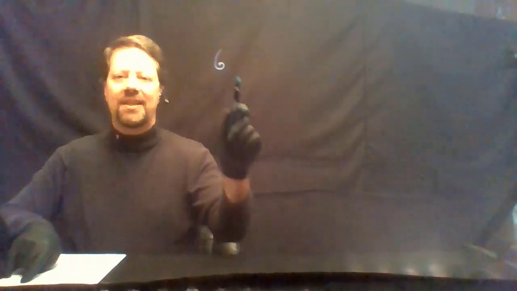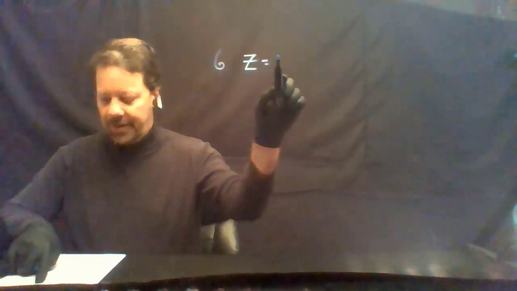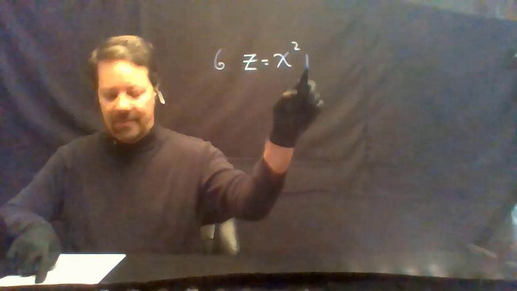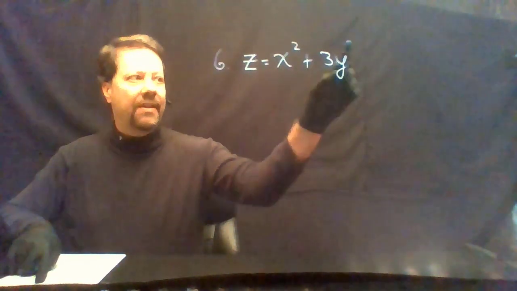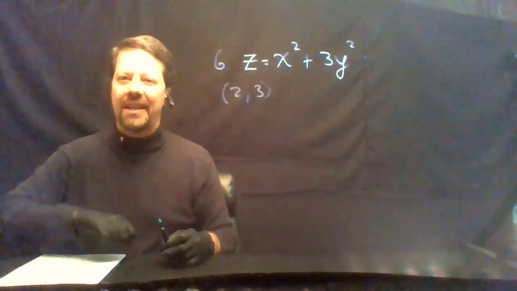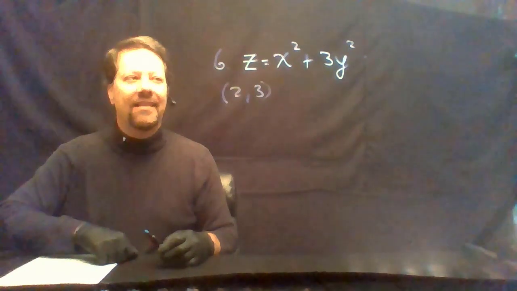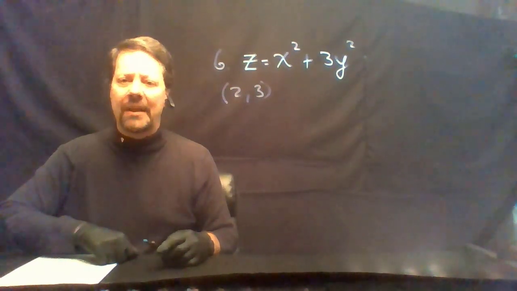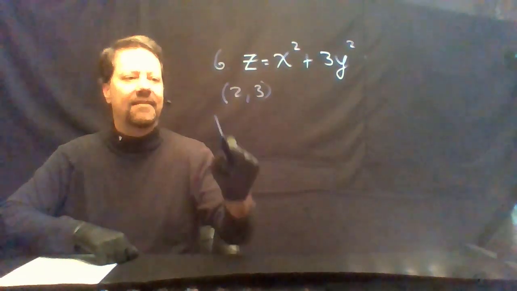On problem 6, I ask you to find the direction in which the function z equals x squared plus 3y squared increases most rapidly at the point (2, 3). A function increases most rapidly in the direction of the gradient.